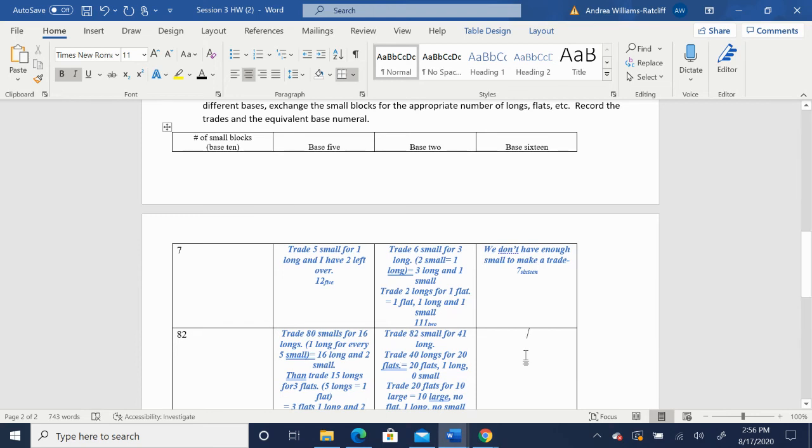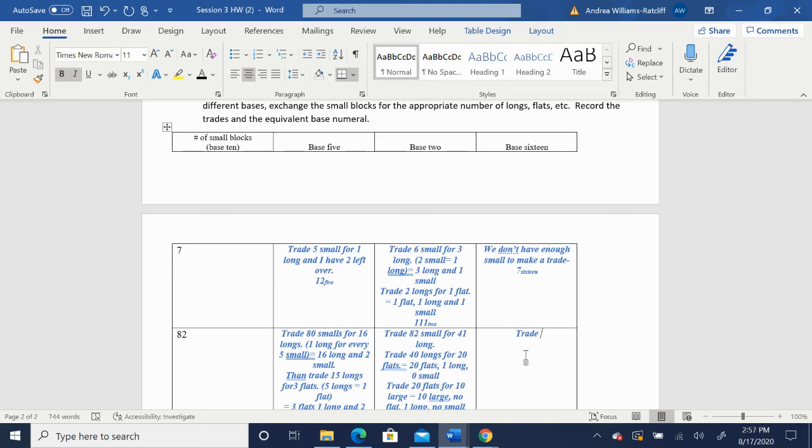Now, with 82, here we can do a little bit more trading. So let's get started with that. We are going to start out by trading groups of 16. If we want to think about how many sets of 16 we can pull out, you would have to think pretty hard about how many sets of 16 exist in 82, and you may have to actually subtract that out every single time.